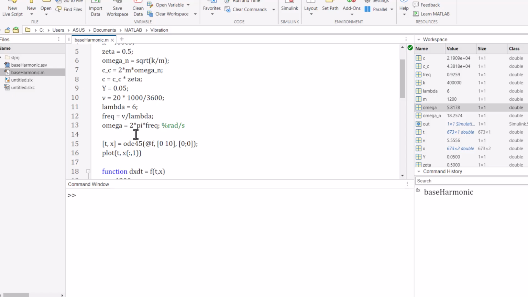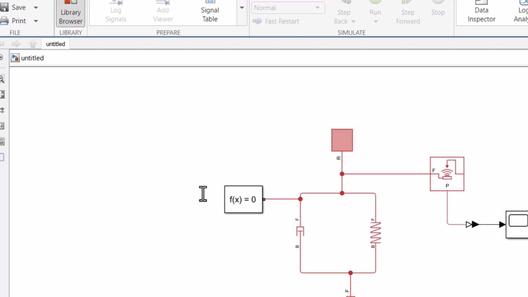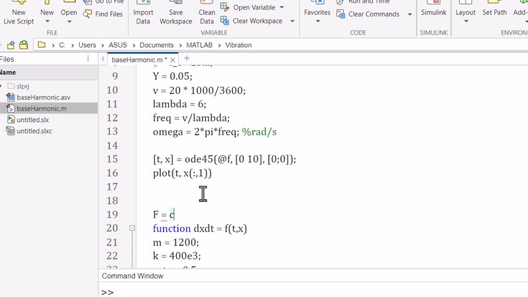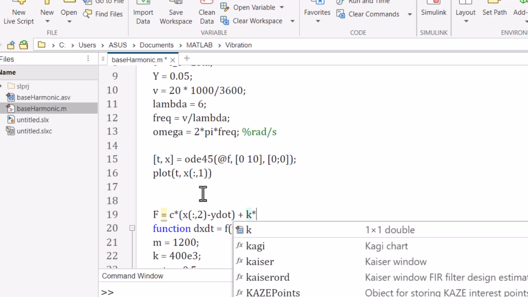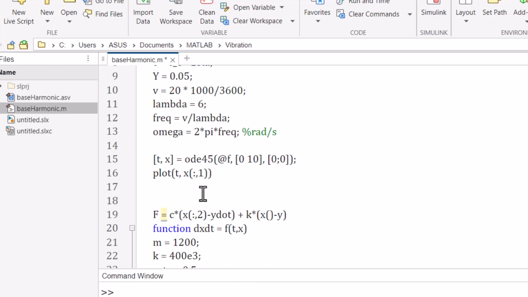Here in the code, if I want to find the force, I write F is equal to C times (X dot, which is the second column of X, minus Y dot) plus K times (X minus Y). And X has to be the first column of X actually. But what are Y and Y dot?